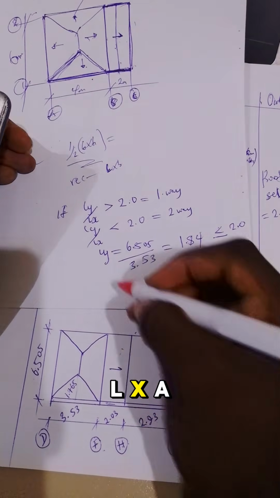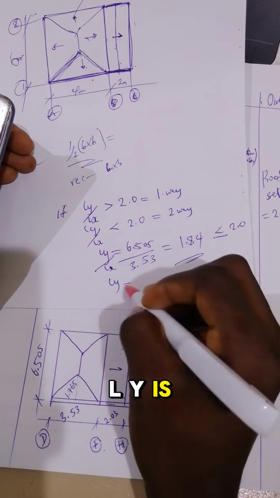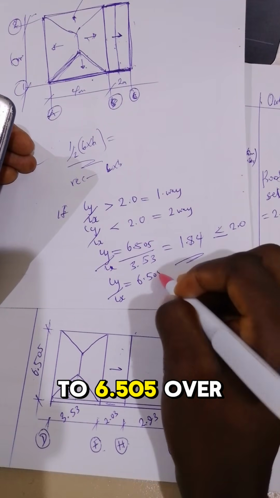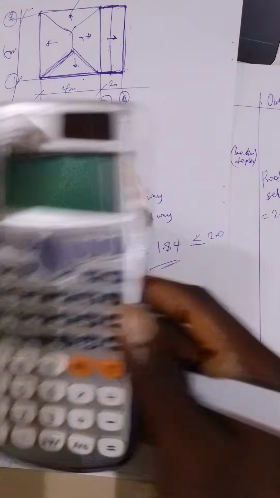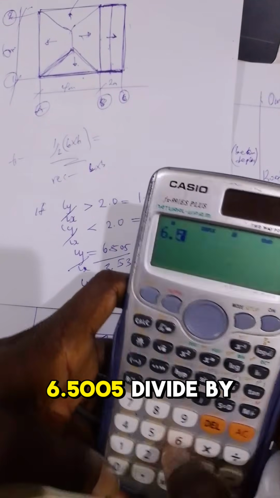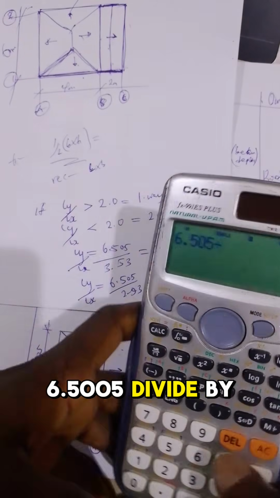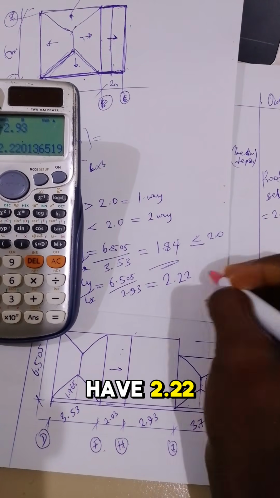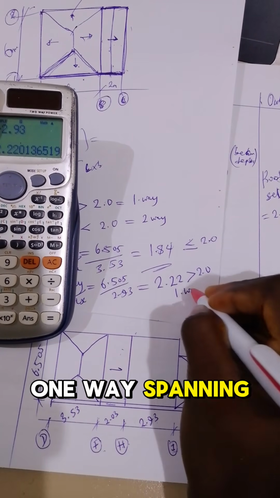Ly over Lx is equal to 6.505 over 2.93. 6.505 divided by 2.93 is equal to 2.22. So it's greater than 2.0. So therefore it's a one-way spanning slab.